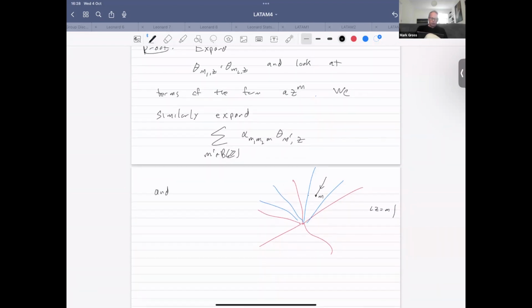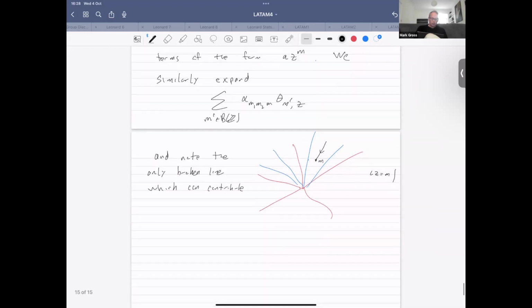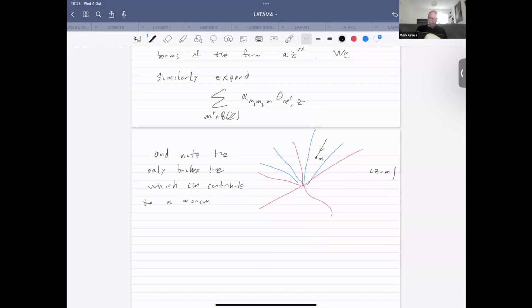And note the only broken line that can contribute to a monomial a times z to the m is the broken line which doesn't bend and comes in from infinity in the direction minus m.